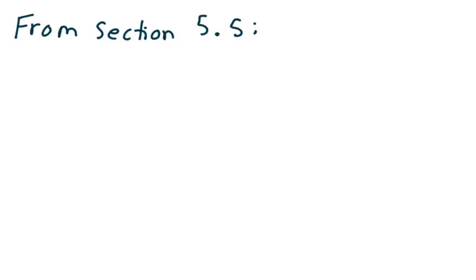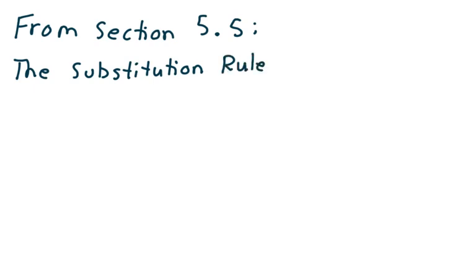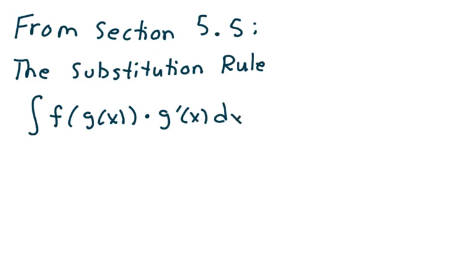Okay, so this is a video from section 5.5. And what we're going to look at is what's called the substitution rule. Essentially, we're going to have an integral, right? And suppose that integral is f of g of x multiplied by g prime of x dx.